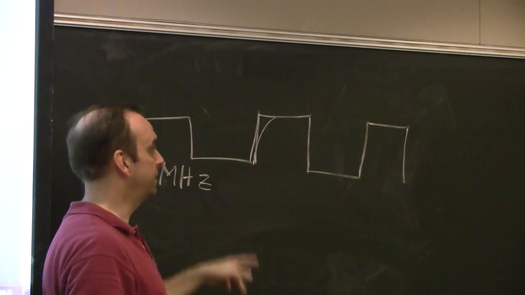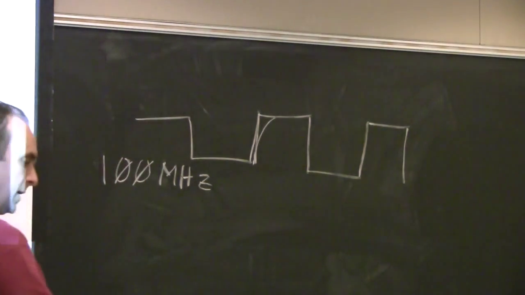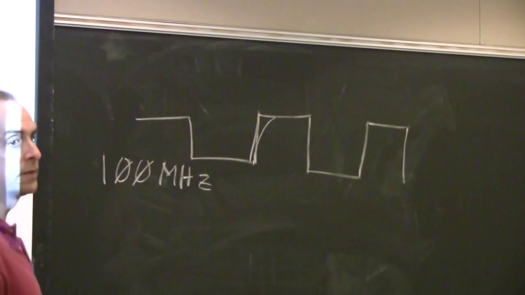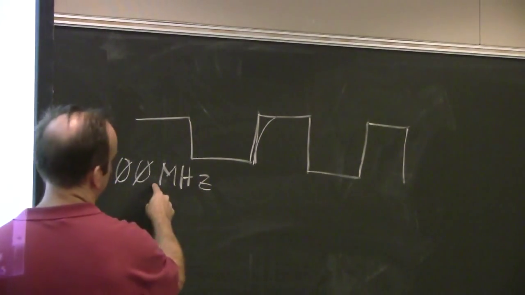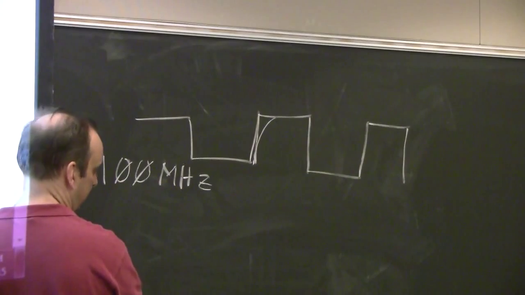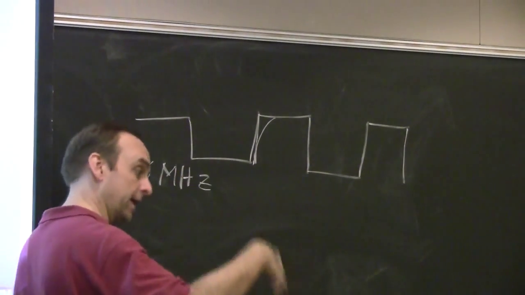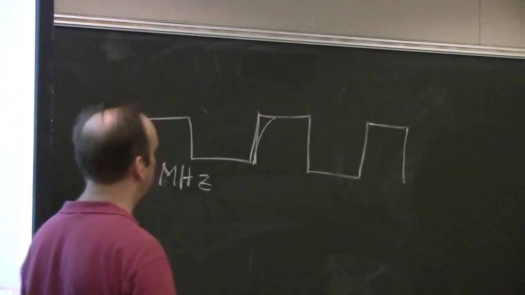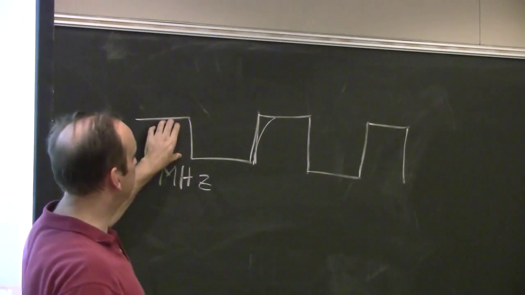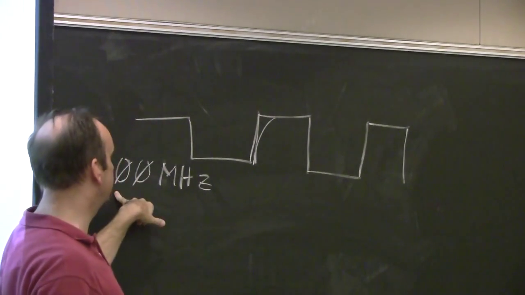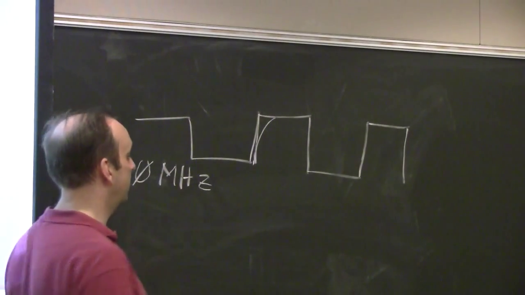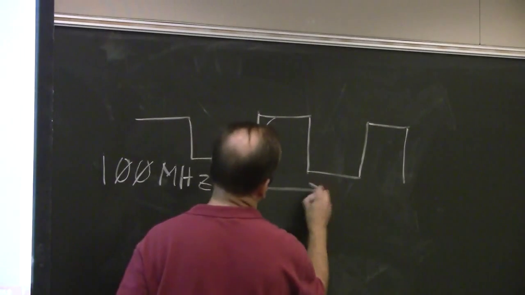So Fourier says to make a square wave, you have to have a fundamental and an infinite series of odd harmonics. So you have to have the first, the third, 3x, 5x, 7x, 9x, 11x, 13x, 15x, through infinity. So the actual frequency content of the signal begins about 100 meg and goes up to what they call the knee frequency.